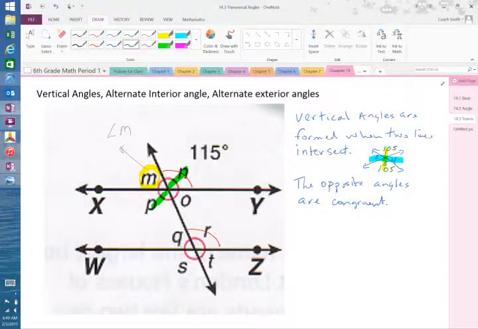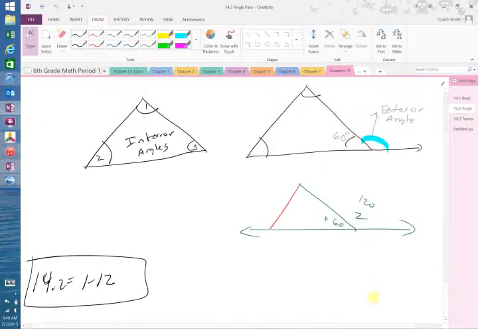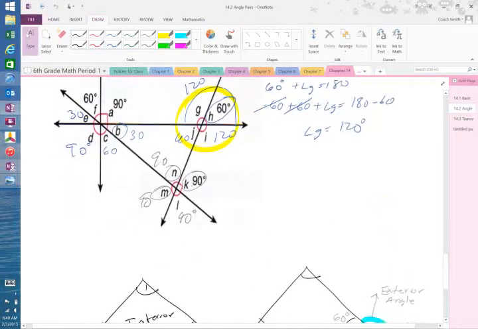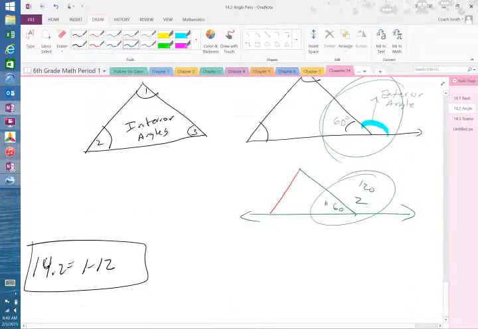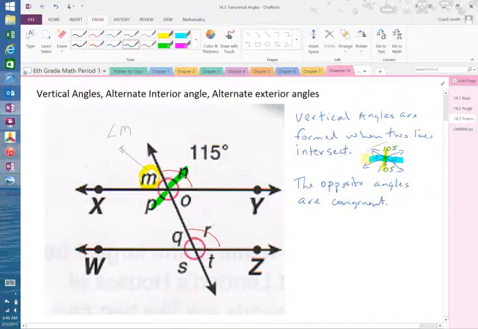Let's think about what we did yesterday. Remember what we say about this right here? What would those two angles have to equal? Right, they had to equal 180 degrees, because we had a line. Yesterday I did that, and we said we formed two angles, and they had to equal 180 degrees. Let's go back to today. Isn't that two angles? So what do they have to equal? 180 degrees.